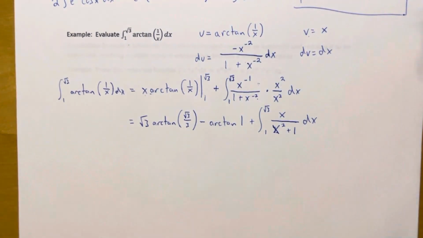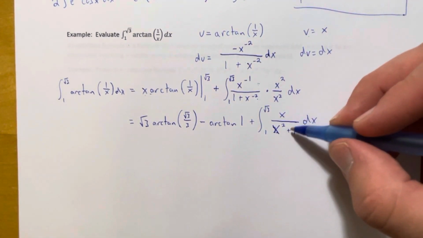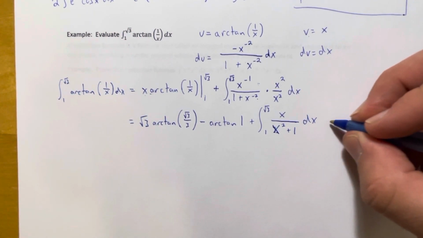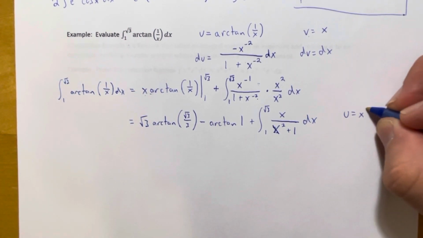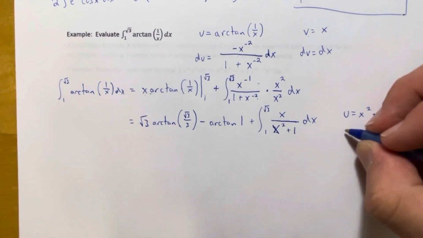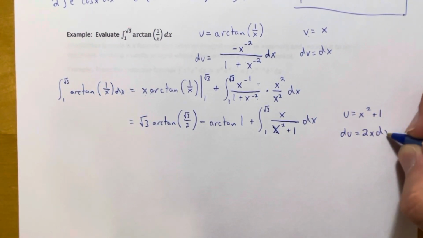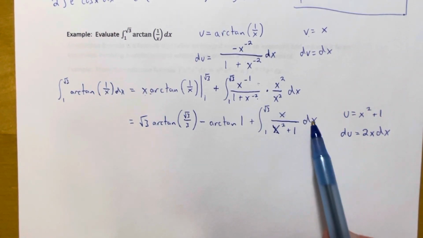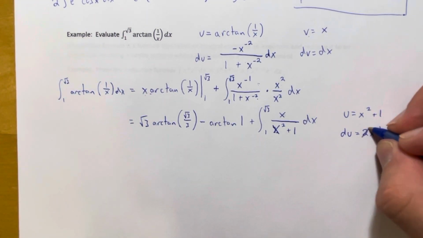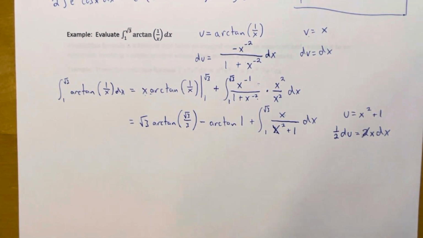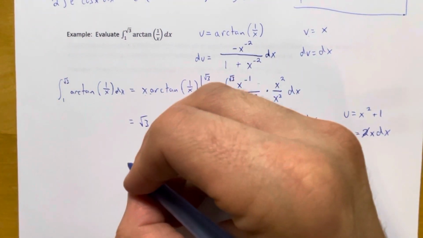Okay? And now the expression that I have, x over x squared plus 1, is doable with a u substitution. Here, I'm going to let u equal x squared plus 1, so that du equals 2x dx, and I have an x dx in that expression. The 2 I can manage by multiplying both sides by 1/2. Okay? So let's see what this does.